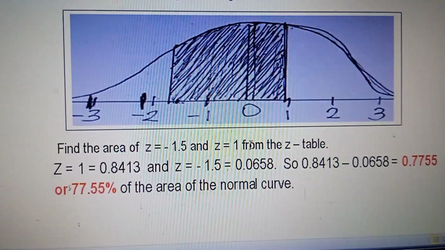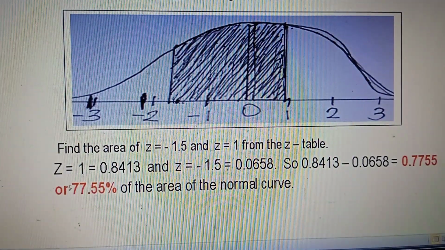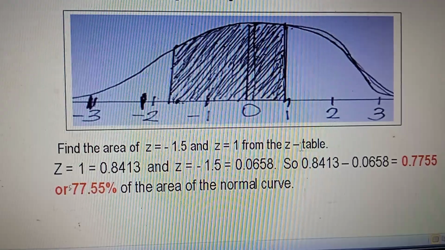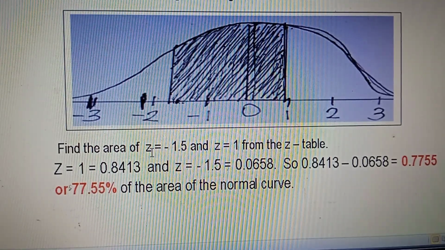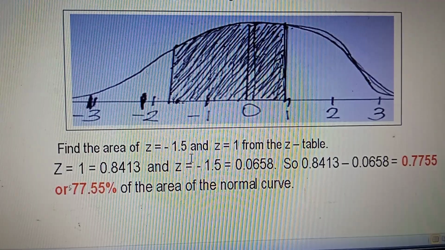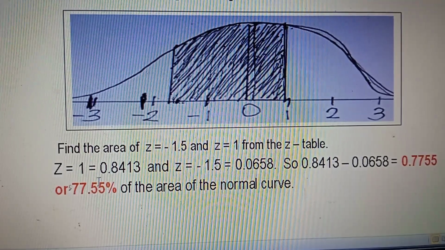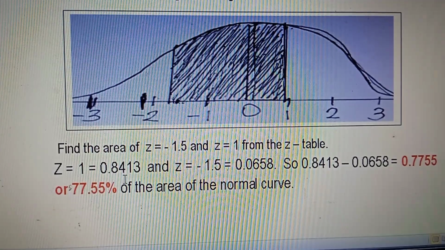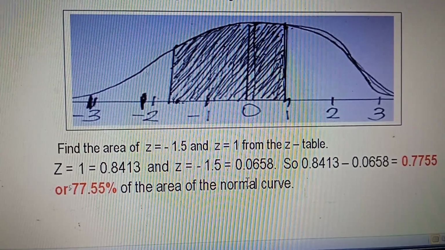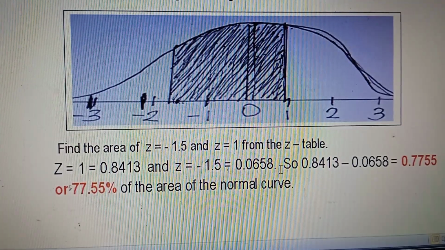Okay, so after that, the area from the table for z equals 1 is 0.8413, and z equals negative 1.5 has an area of 0.0668.